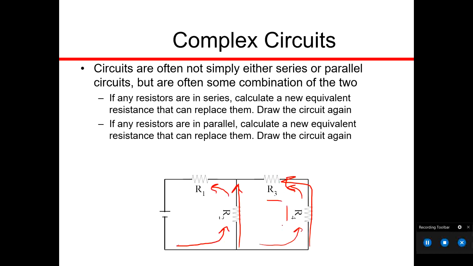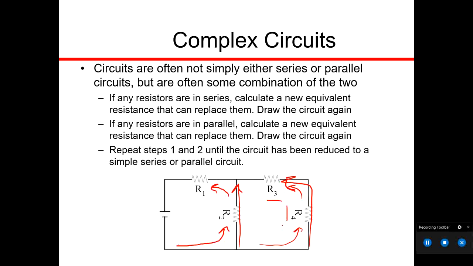Calculate the new equivalent resistance, draw the circuit again. And essentially you just repeat these steps over and over until you have a simple circuit, which is just like a series with one resistor or parallel with just two resistors, one on either path. So let's take a closer look at this example here and break it down some.